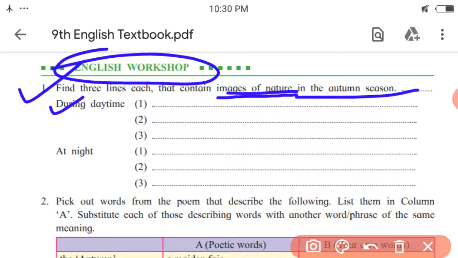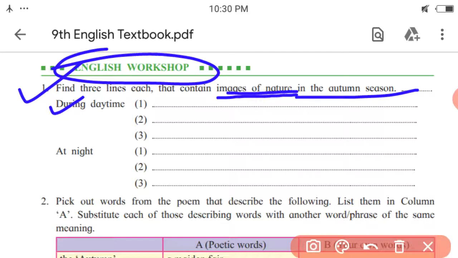Next one, in flowers of grasses she is clad. So these are the three lines for the answer of the question first, which is related to daytime images of the nature.